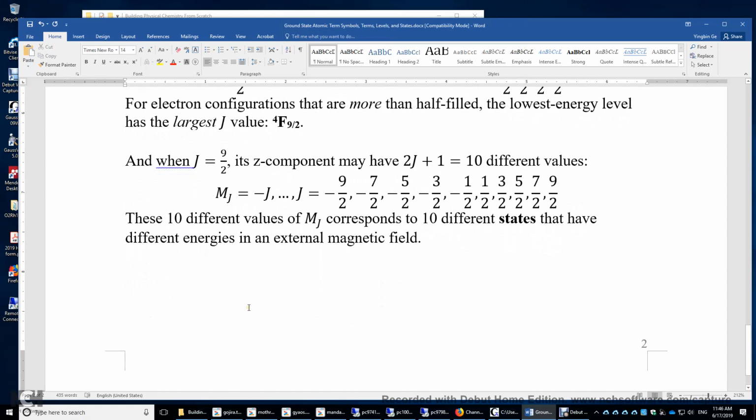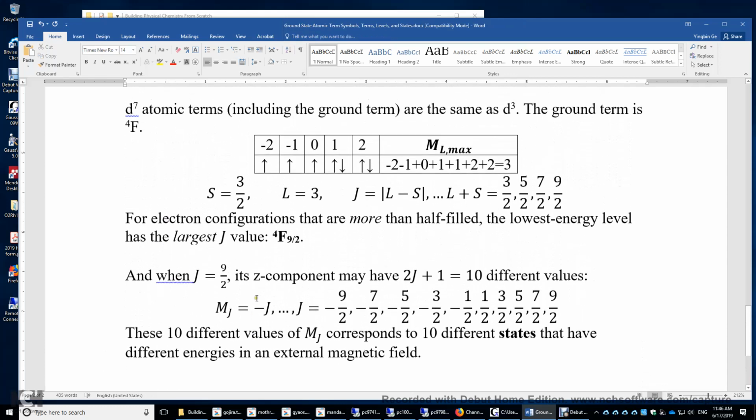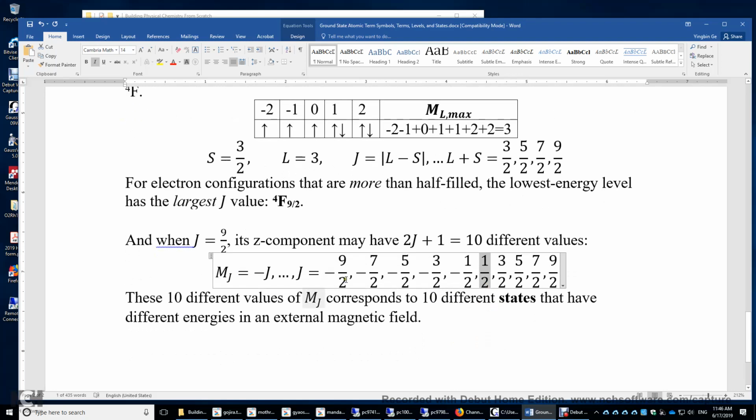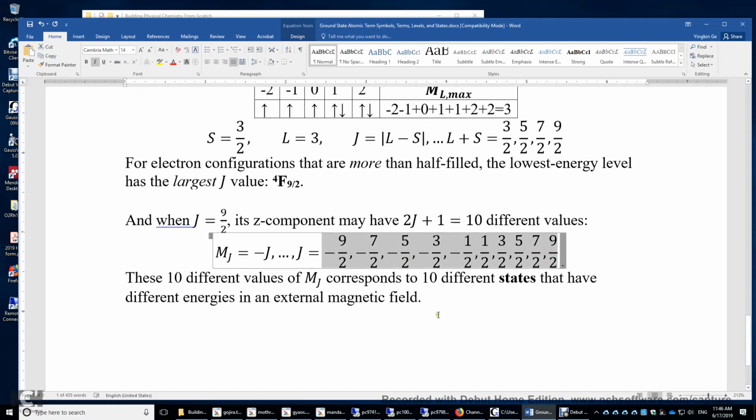And once you have the values of L, S, J, and M sub J, for example, you say M sub J equals -9/2 or +1/2, and then you have a state. All these 10 different states have the same energy unless you place this atom in an external magnetic field, and then you will see energy splitting between these 10 different states.